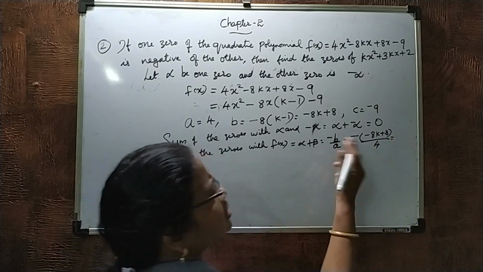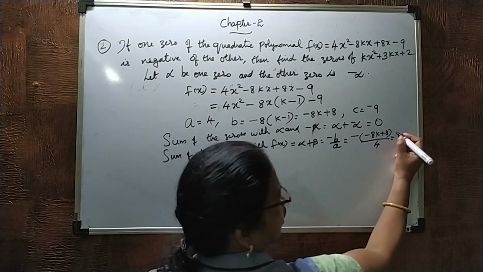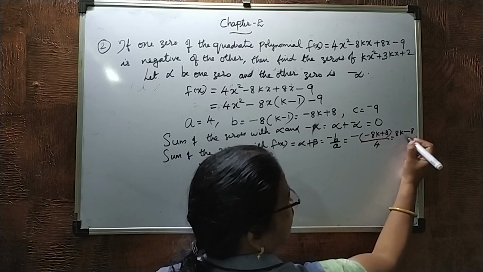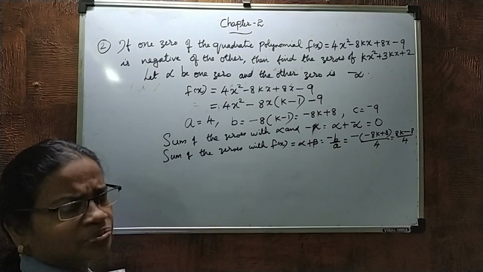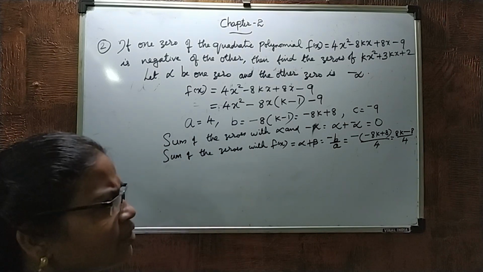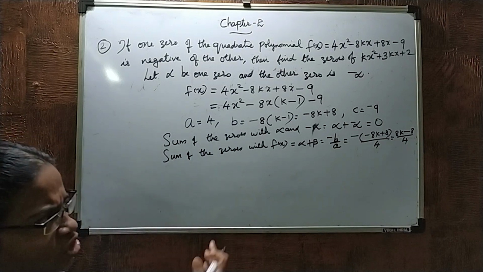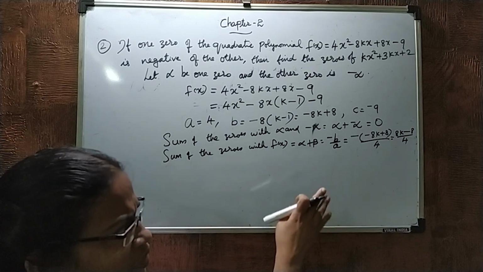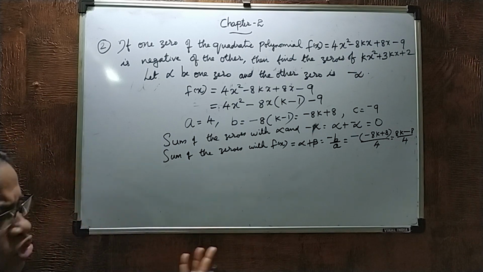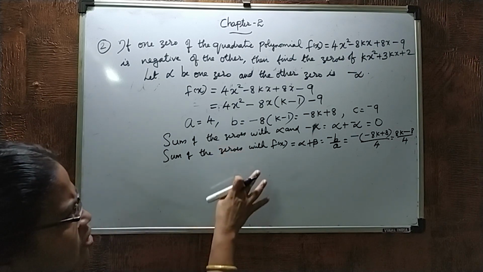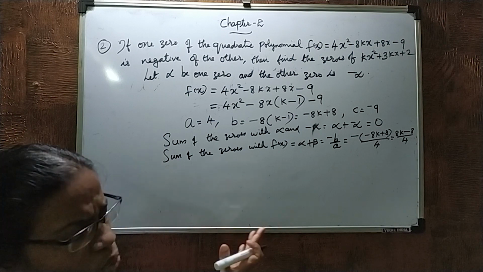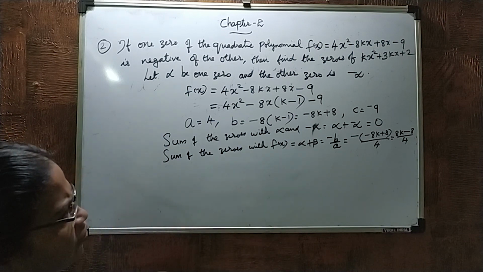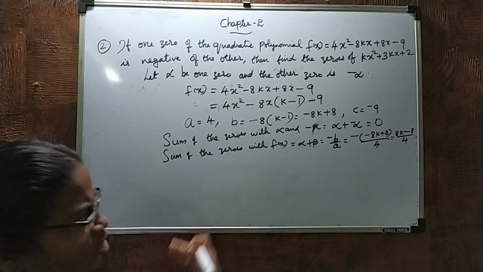This can be written, multiplying with the negative sign, as 8k minus 8 divided by 4. If you want to cancel, you can cancel. Otherwise, you can take 8 outside and do it the same way. Whichever you prefer, you can do. These steps you just have to know how to do. No need to write all of this for the exam; these steps will be enough. The other ones you just have to remember in your mind.